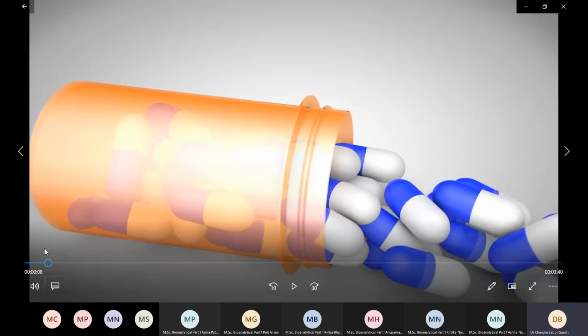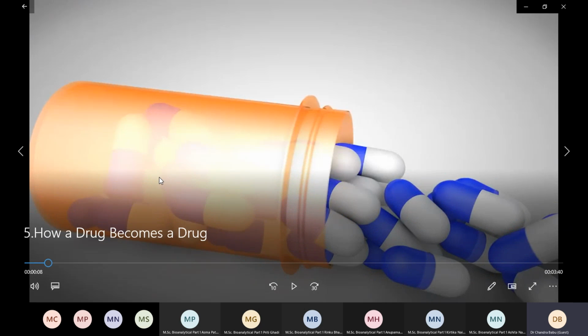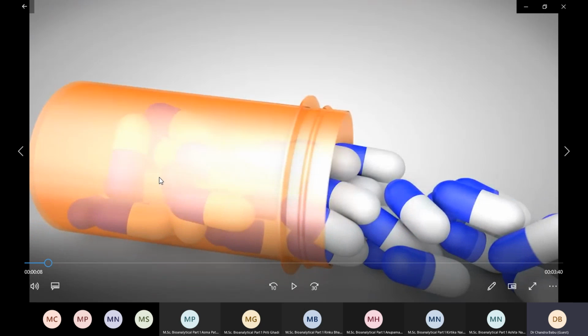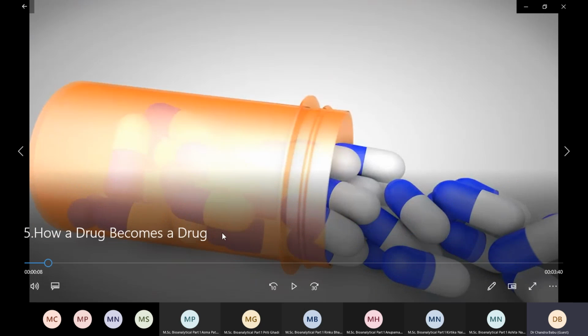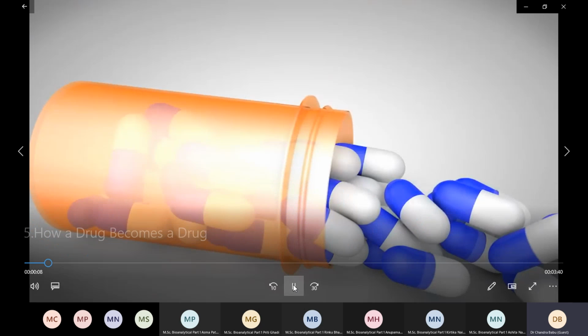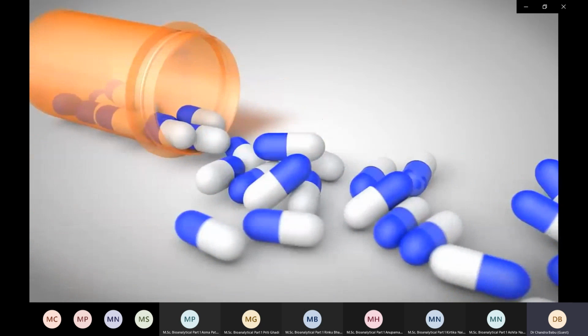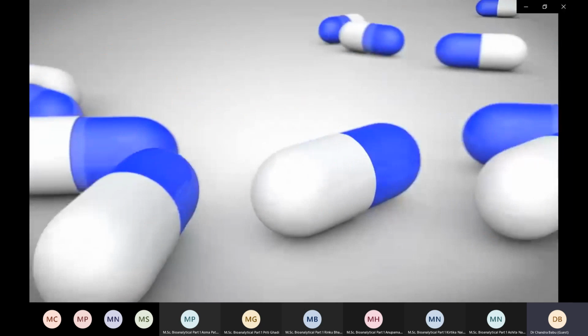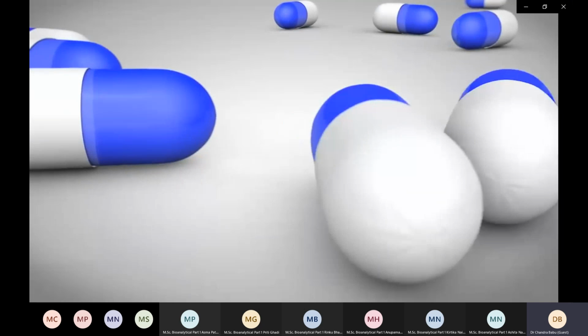Thank you so much. So we are quickly looking at how a drug becomes a drug. It's just a 5-minute one, quickly glancing through, and then we'll go to the elaboration. It aims to prevent or treat disease. While the end result, a small pill or capsule, seems so simple, the process for developing a safe and effective new drug is anything but.